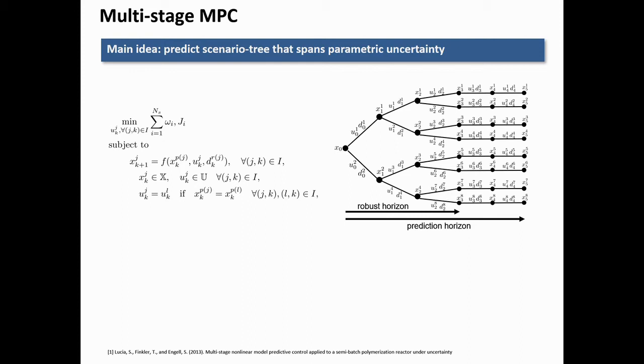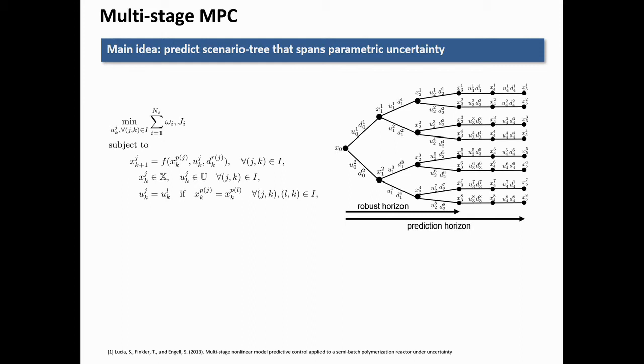So at every point of the prediction horizon, you will have as many state predictions as you have branches. And this, as you can imagine, will grow exponentially with the prediction horizon, and will soon end up being a very computationally demanding problem to solve.